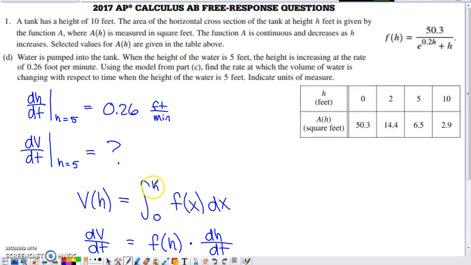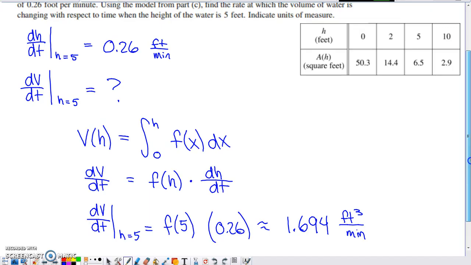But then because h changes over time, I have to use a little chain rule and finish off by multiplying by the derivative of my inner function, multiply by the derivative of h with respect to t. Since h isn't constant, the height of the water in the tank changes as the water level rises. So it's an application of FTC Part 2, and then it's finished off with a little chain rule. From there, it's pretty straightforward.